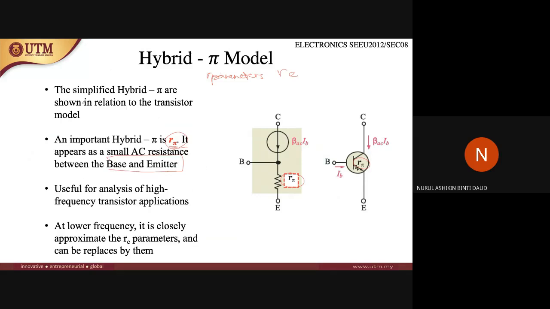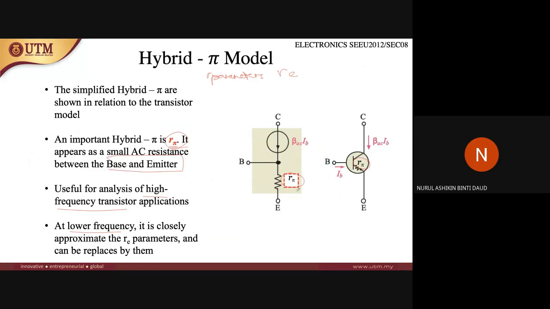And for this hybrid pi model, when to use it? When you want to use these techniques to solve the AC analysis, in high frequency transistor applications, and also lower frequency.